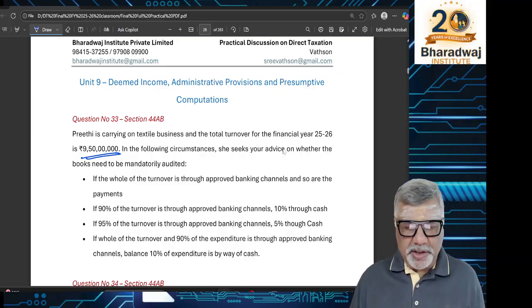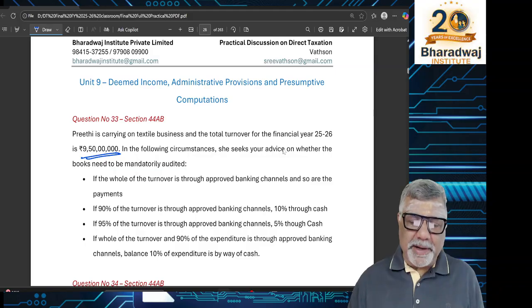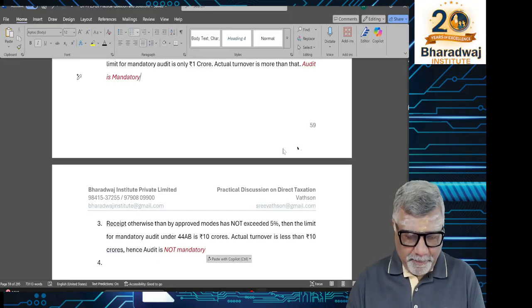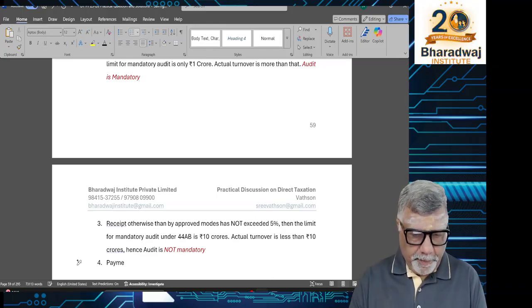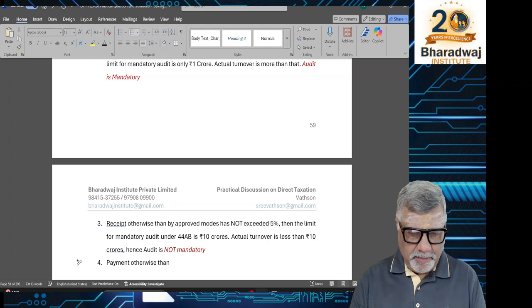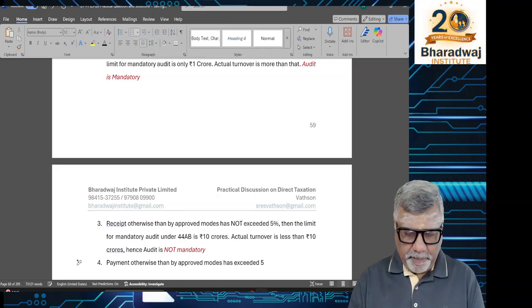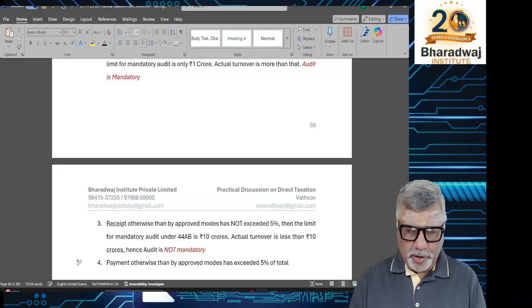If whole of the turnover is through banking and 90% of the expenditure, okay, payment otherwise than by approved modes has exceeded 5% of total payment.